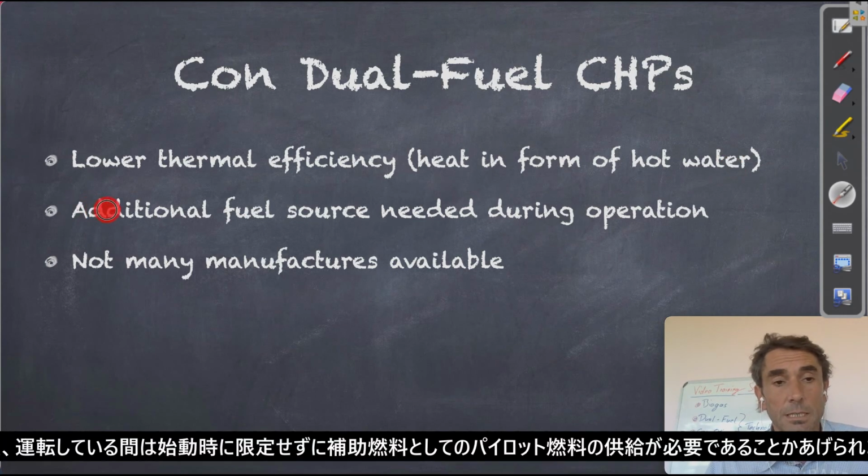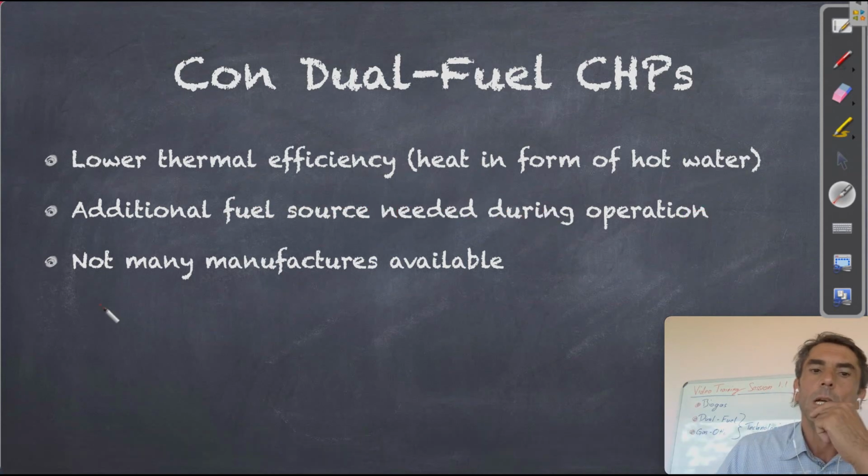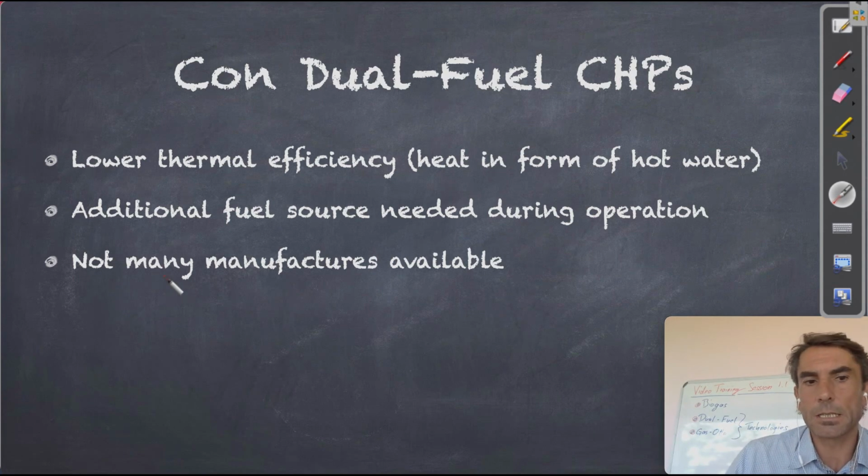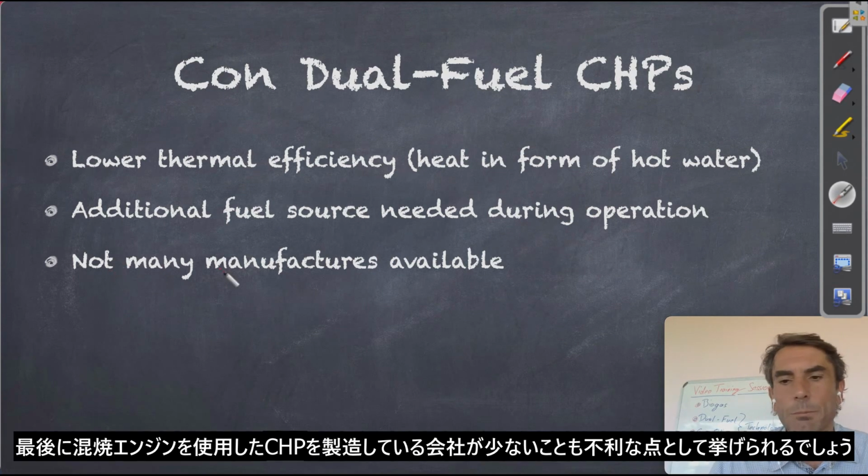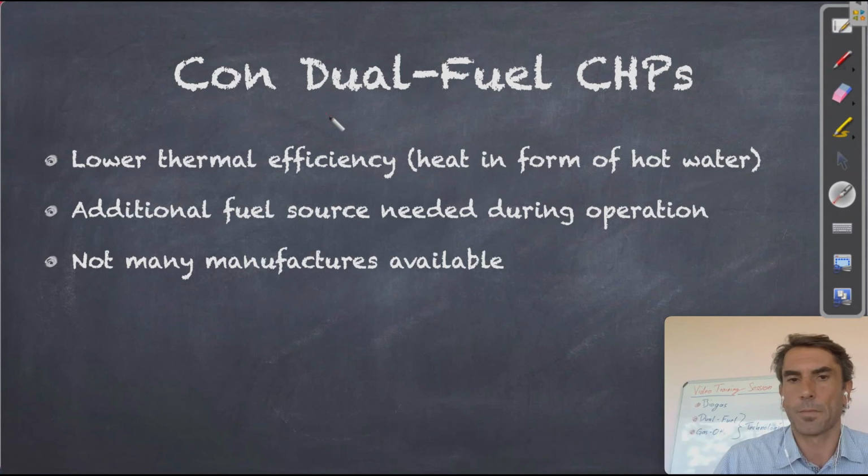For sure, the other negative point is that we need an additional fuel source during the full operation. And last but not least, there are not many CHP manufacturers available that produce dual systems.